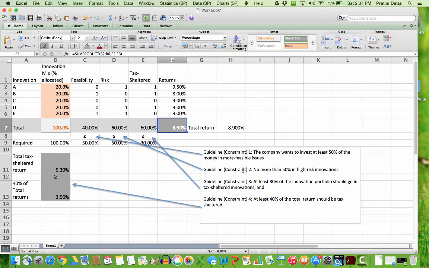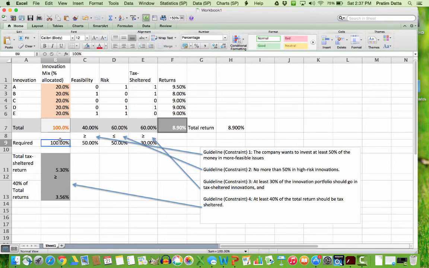Now comes the story of the constraints. Prior to going to constraints, it is very important to understand that what you are trying to do now is increase the total returns in this cell. So you're trying to increase the 8.9% to maximum possible returns, right?